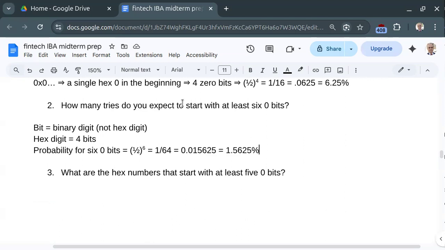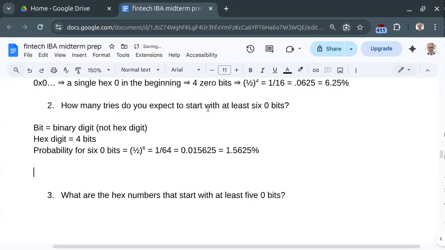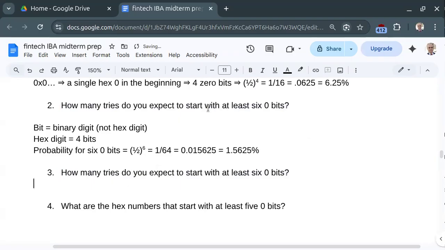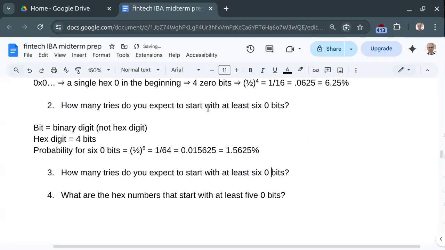By the way, what if someone asks, let me solve that, this is interesting actually. What is the probability, instead of giving us at least 6 0 bits, to start with 0 1 1 1 0 1?